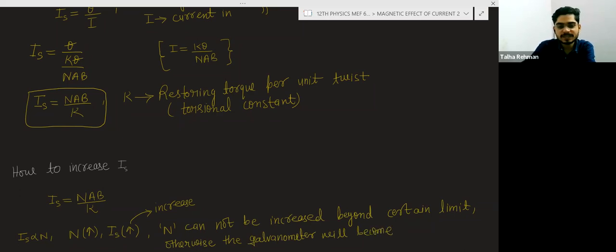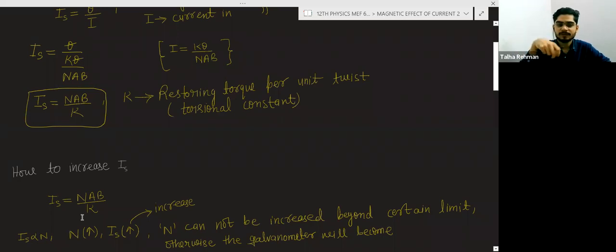actually the resistance will not affect the current sensitivity, because see here there is no resistance in this formula. Okay, the resistance will affect the voltage sensitivity. So if you increase the number of turns, the resistance of the wire will increase. This is true, but the current sensitivity will neither increase nor decrease on increasing the resistance.